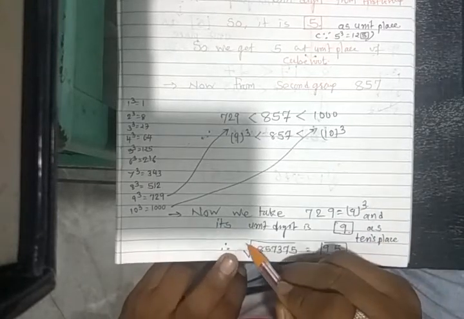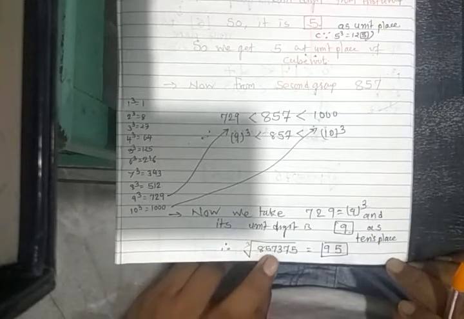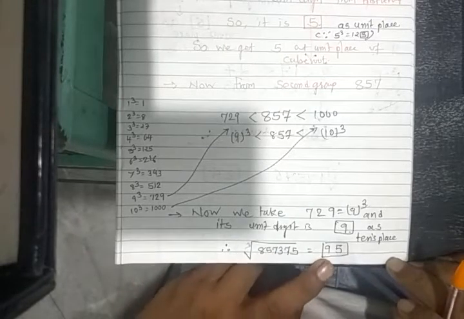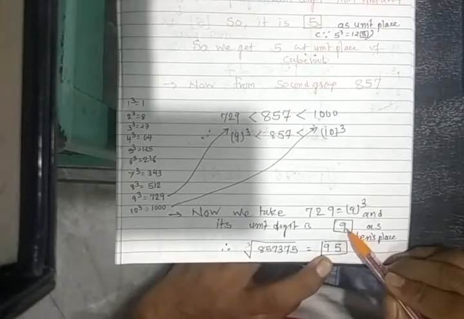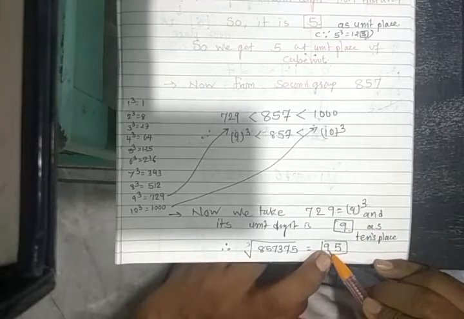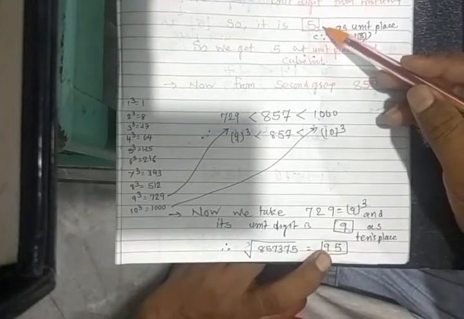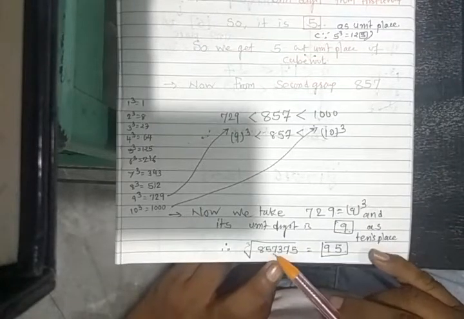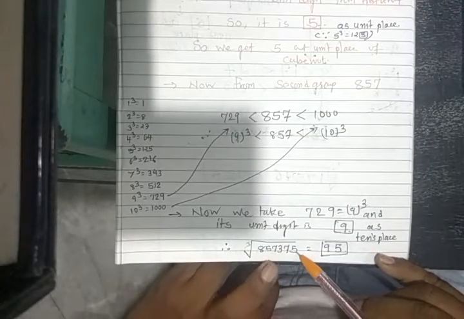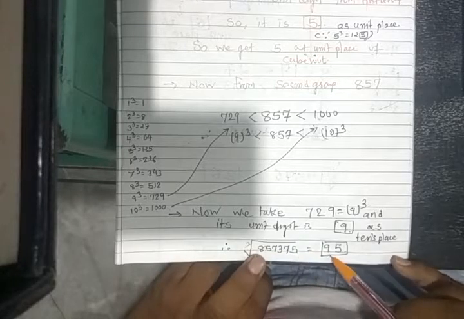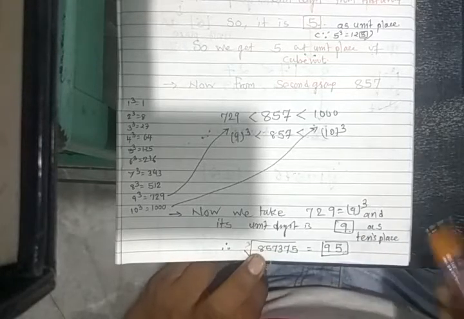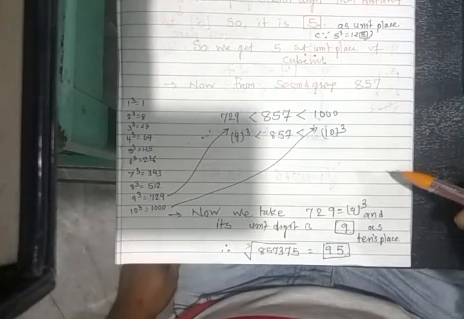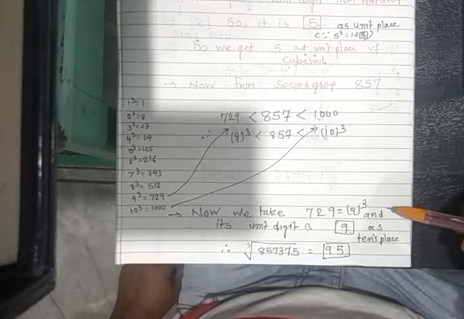So the cube root of 857375: here we take this 9 as the tens place. So 9 is over here and this 5 is over here. So the cube root of 857375 is 95. Okay. So like this way you can apply the estimation method.